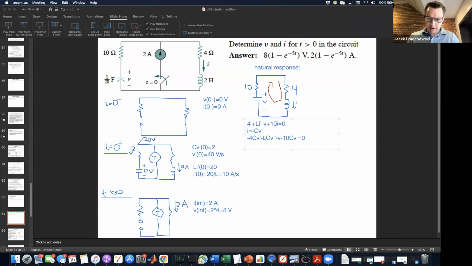And now what I have is L times C is 2 times 1 over 20, so it's 1 over 10 V double prime. And then the V prime terms have a 10C and so minus 10C and minus 4C. So that's minus 14C, so that's minus 14 over 20.